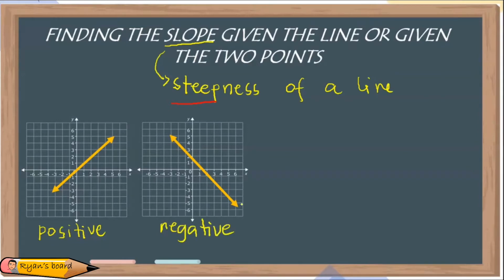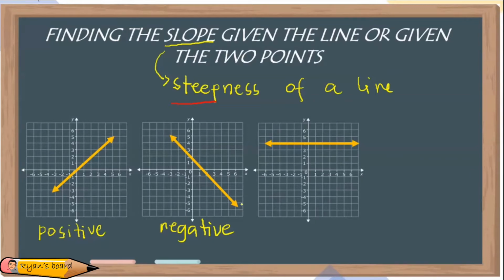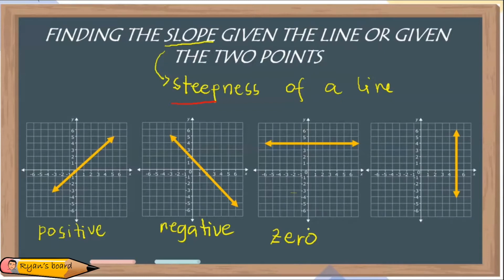Now, if our graph or our line is a horizontal line, kahit saan dyan, basta horizontal line, automatic our slope is 0. 0 slope kasi nga wala siyang tarik. Okay? Now, if our line is a vertical line, our slope is undefined. So, remember these 4 graphs.